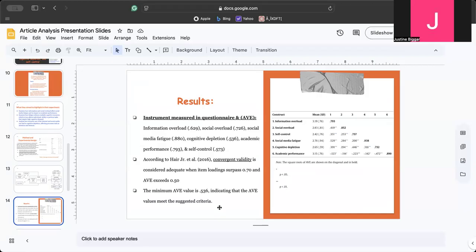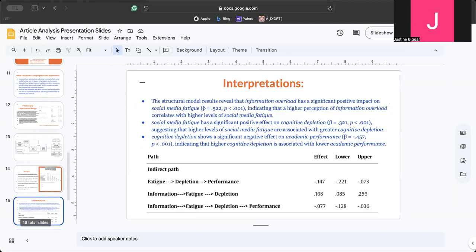According to Hair et al., the convergent validity is considered accurate and adequate when it surpasses 0.70 and exceeds 0.50. Therefore, the AVE for all of these met the suggested criteria.